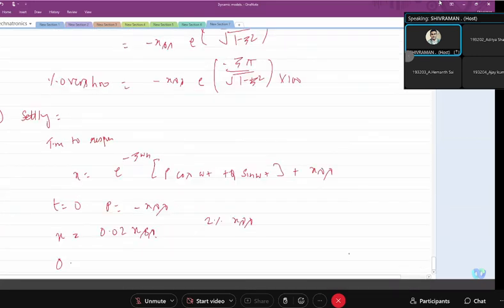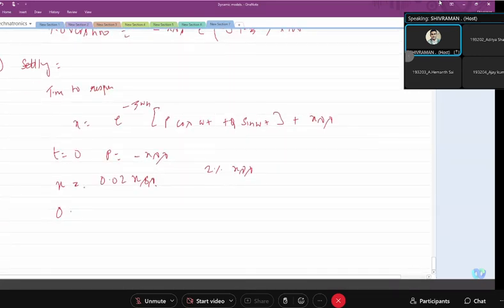So when x equals 0.02 xs, this is reached at the cycle in a multiple of pi, n pi.